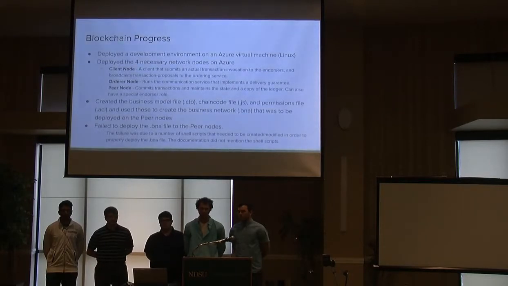then porting it over to Linux, where it ran a lot better. The problem is, we had to rebuild this development environment twice. We had it on a local environment, on my Linux machine. We were developing things, we got the BNA file all set up, and we couldn't migrate it to our production, which was the Azure nodes. The reason for that is Hyperledger is fairly new.